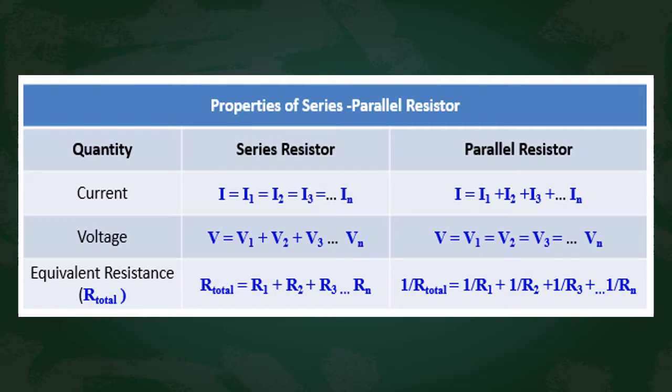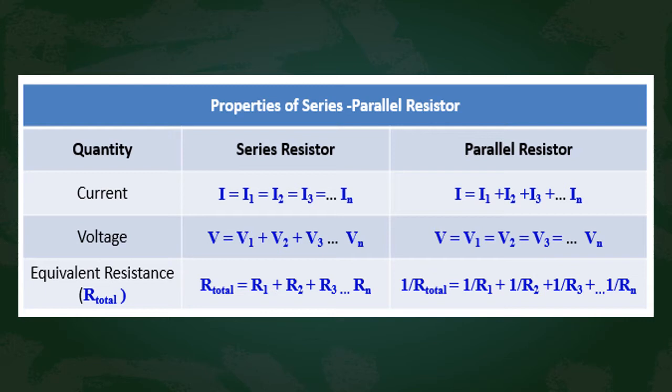For the voltage, the total voltage in a series connection of resistors will be equal to the sum of all of the voltages. And the voltage in parallel connection of resistors will be equal to each other.